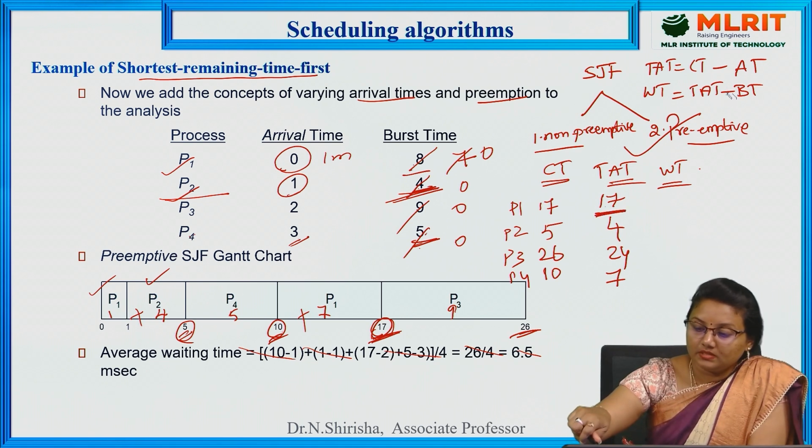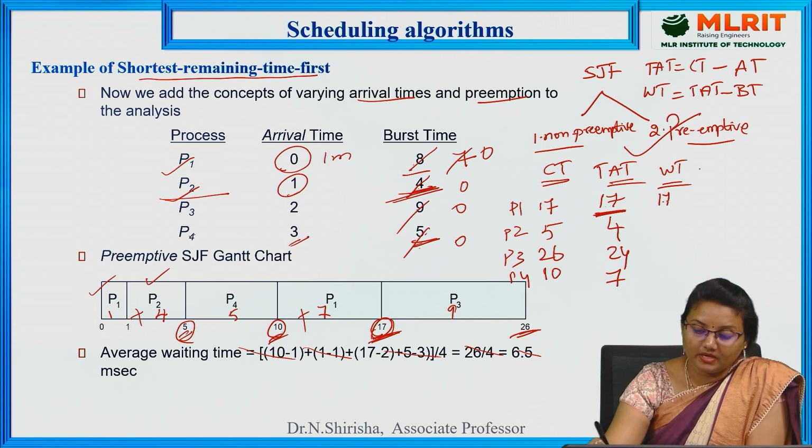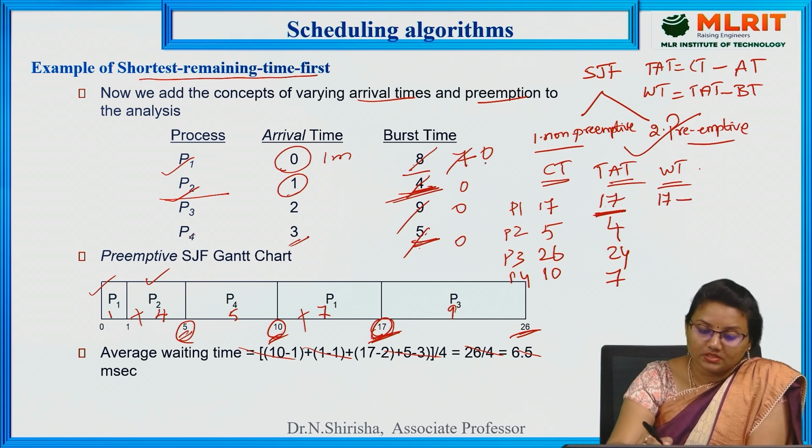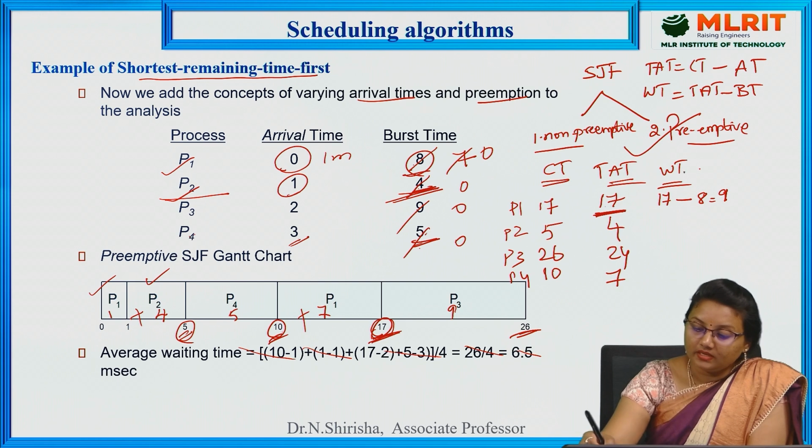Turnaround time minus burst time. Sorry. So I was thinking waiting time is turnaround time minus burst time. Turnaround time is 17. So 17 minus what is the burst time of P1? Burst time is 8. That means you will get 9.